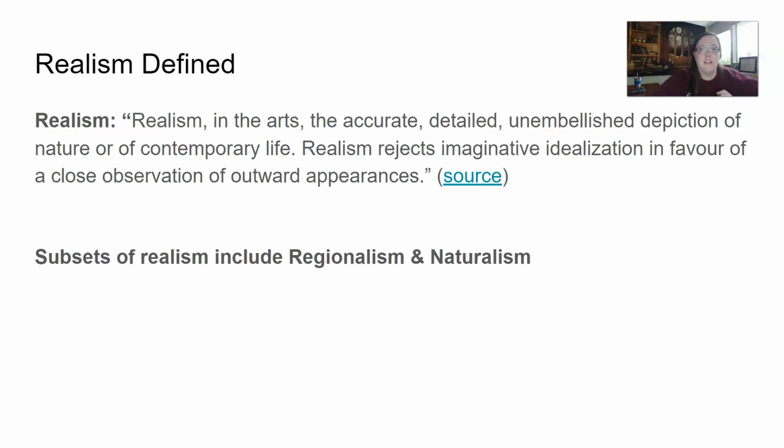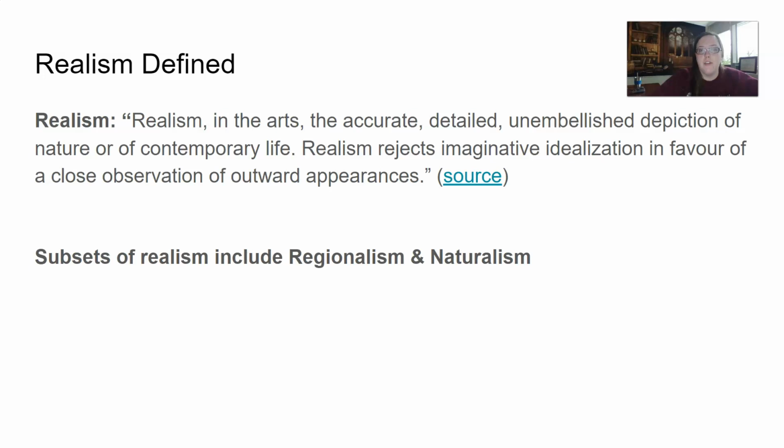Realism in the arts is the accurate, detailed, unembellished depiction of nature or of contemporary life. So accurate, meaning that literary realism is trying to really show what it's really like. I mean, the word real is in here so many times when we're talking about realism.